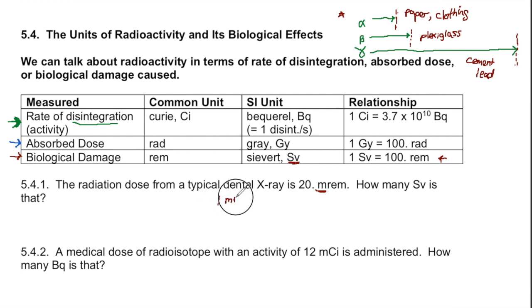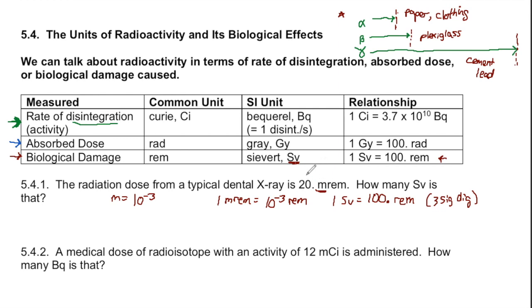So 1 millirem, remember that milli equals 10 to the negative 3, so 1 millirem is 10 to the negative 3 rem. And then we also have the relationship that 1 sievert is 100. rem, put a decimal here to show that this is a 3 significant digit relationship, 100. rem with 3 significant digits.